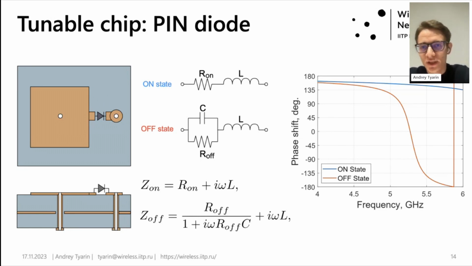A pin diode has a switching time of less than 100 nanoseconds. The pin diode location determines the polarization of the EM wave on which the phase shifting occurs.